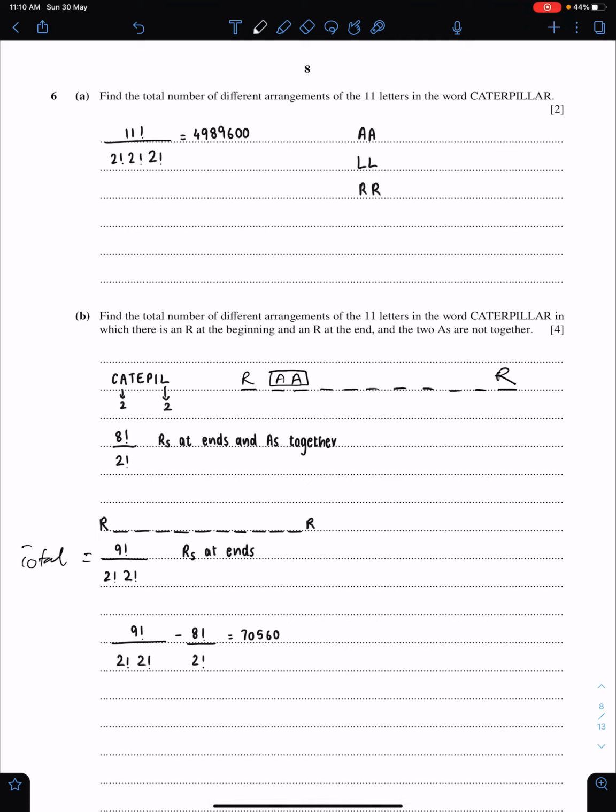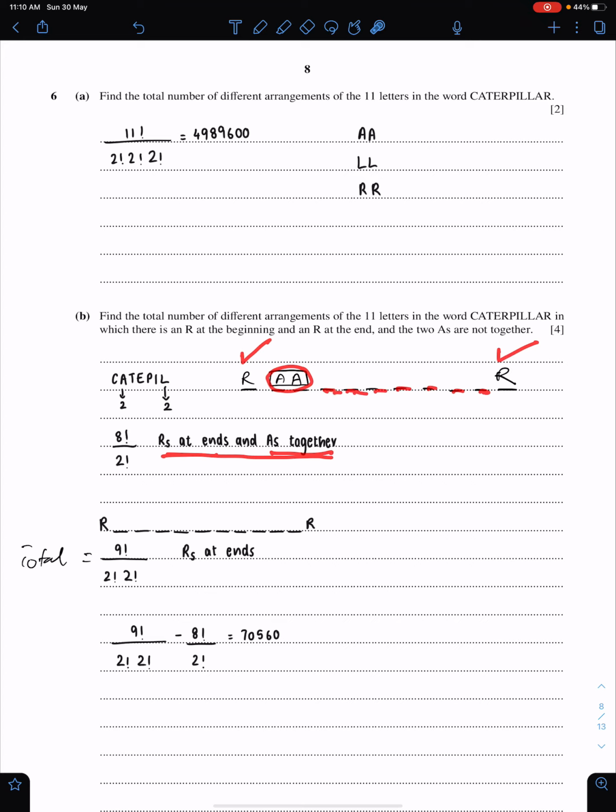And this is together, like R's at the ends and A's together. So you need to subtract this from this total. Now, let's see how to get the number of arrangements with R's at the ends and A's together. See, R's are here and A's are together. Now you need to arrange the remaining 7 letters at random.